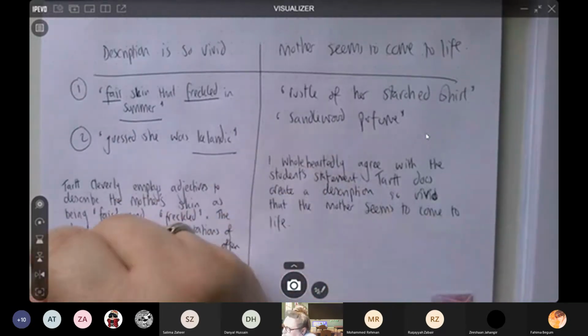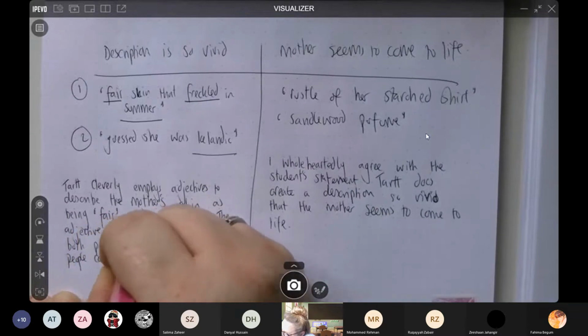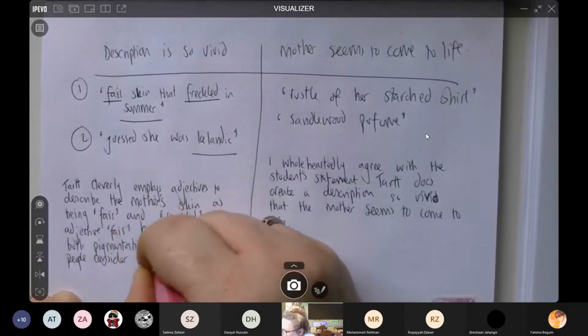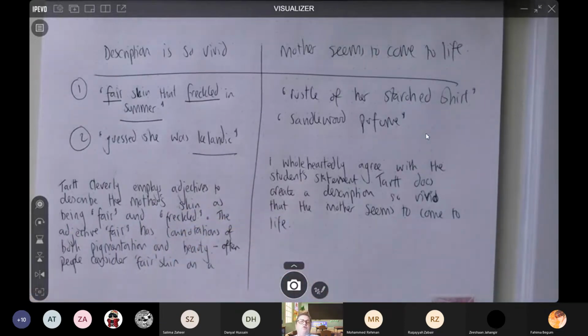Often, people consider fair skin as a, and then I would go on to explore perhaps the ideals that were often presented in magazines and so on.